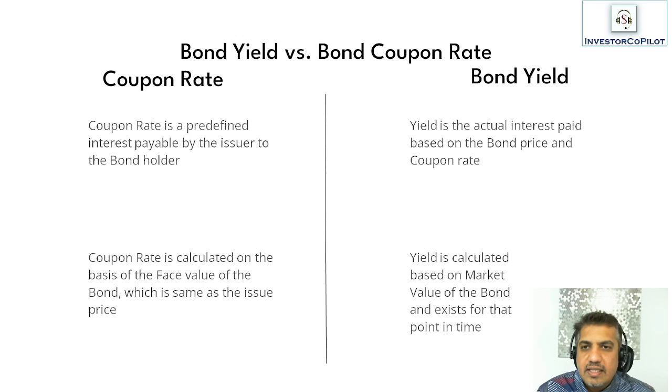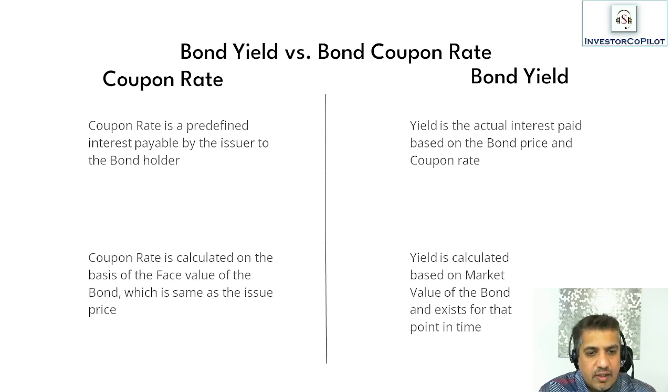Okay, let's look at bond yield versus bond coupon rate, the differences. So coupon rate, as we said, is a predefined interest payable by the issuer to the bondholder. However, the yield is the actual interest paid based on the bond price and coupon rate. Coupon rate is calculated on the basis of the face value of the bond, which is the same as the issue price.